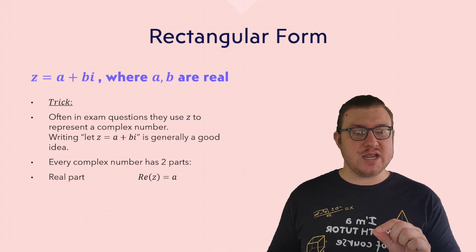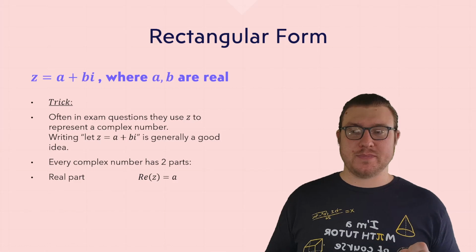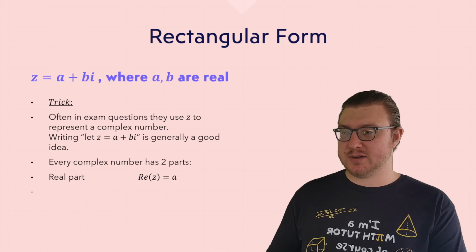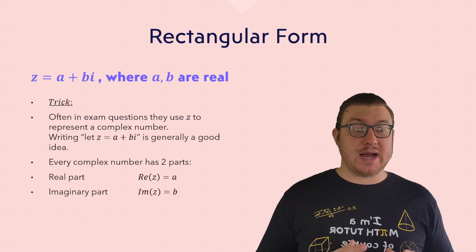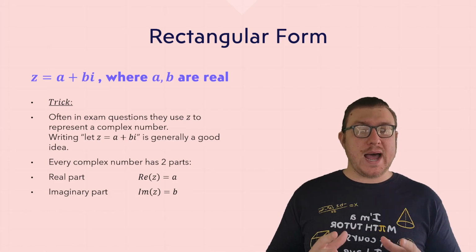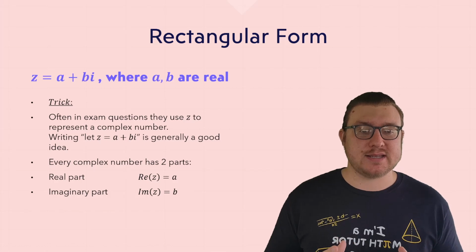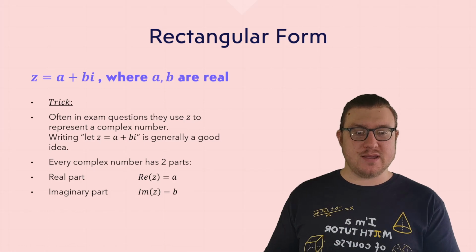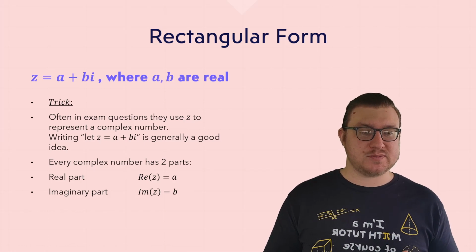It's Re of the complex number. And in our form, a plus bi, a is the real part. The imaginary part, and this is what students always get wrong, is the part that has the i in it, yes, but it does not include the i. It is b in our situation, a plus bi.